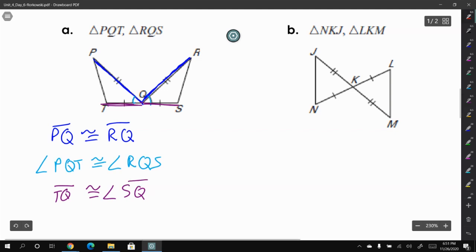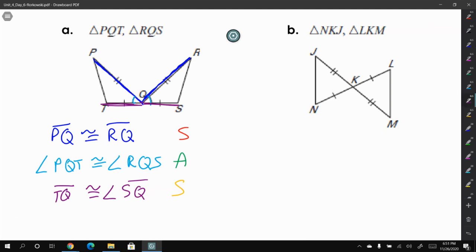So we have a pair of congruent sides, we have a pair of congruent angles, and we have another pair of congruent sides. So you would think side angle side, but we have to make sure that the angle that is congruent is the included angle in both triangles. And it is.